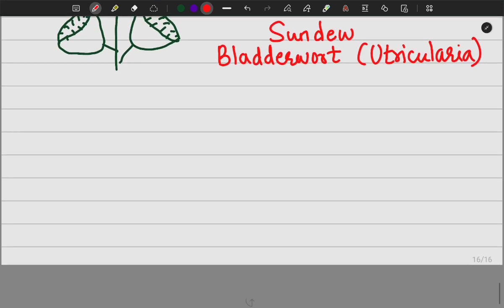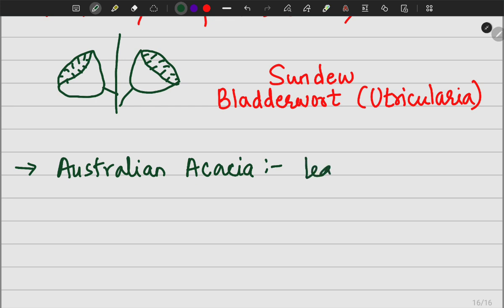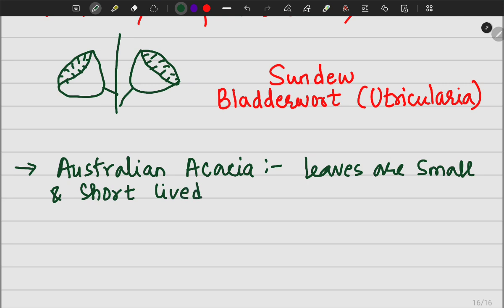And then there are some other special modifications, as in the case of Australian acacia. In Australian acacia, what happens? The leaves are small and short-lived. The leaves die after a very short time. So what happens? The petiole expands in size.